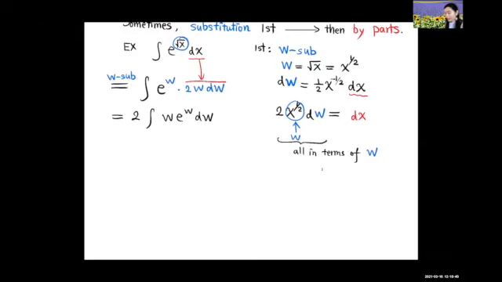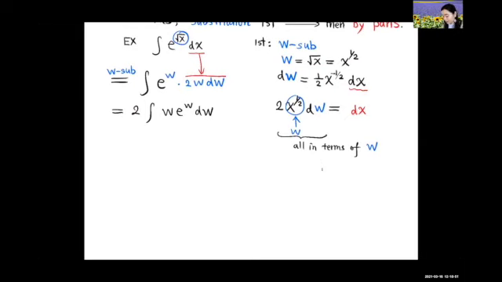Take a look at this form here. What kind of method do you want to use to find the integral? By parts. Yeah, by parts, because this is in the form w to some power times e to the w. So we want to use by parts.